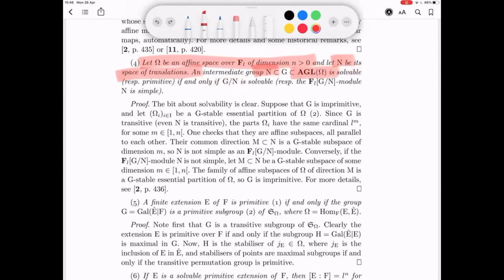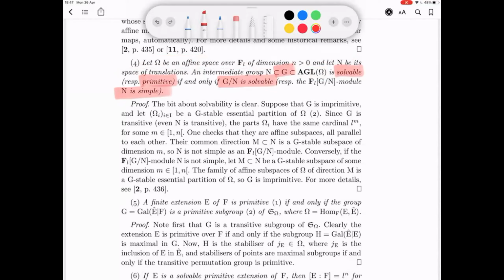The answer is n is normal in G because n is actually normal in AGL omega, and therefore it's normal in the subgroup G. So this G is going to be solvable if and only if G mod n is solvable. And when is G going to be primitive as a subgroup of S omega? It's going to be primitive if and only if n is a simple G mod n module.